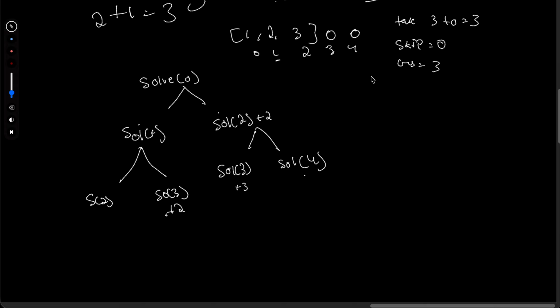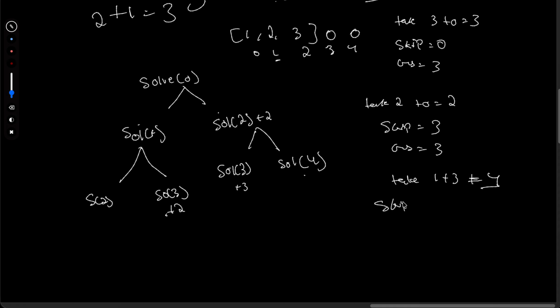For solve of 1, if we take 2 plus 0, it is 2, and if we skip to 3, the answer is 3. For solve of 0, if we take 1 plus 3, it is 4, and if we skip, 3, so the answer is 4.